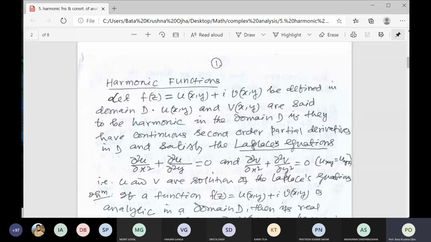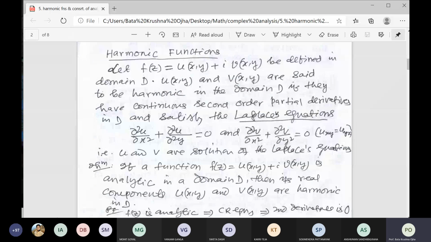That derivative should be continuous. The continuous second order partial derivative in D and satisfying the Laplace equation. So therefore, Laplacian in u, del square u by del x square plus del square u by del y square is equal to 0, and for v like that.